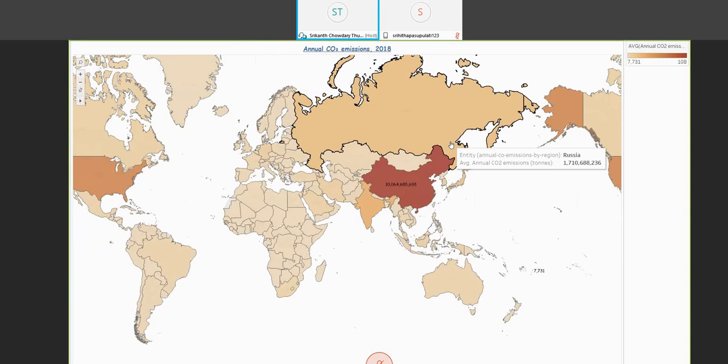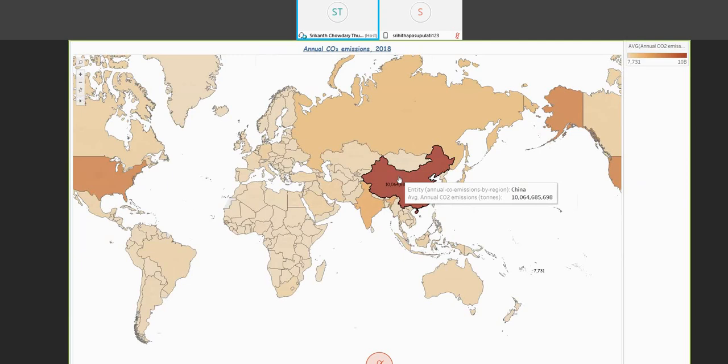When coming to our fourth worksheet, this is the annual CO2 emissions for the year 2018. In this chart, we could see the growth of global emissions from the mid 18th century through to today. Growth in emissions was relatively slow until the mid 20th century.